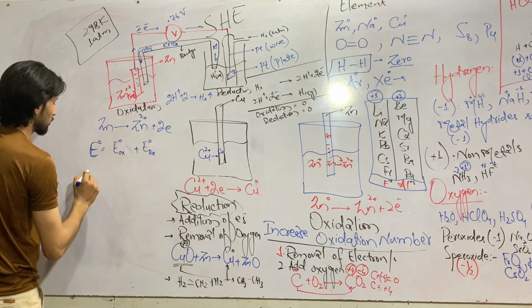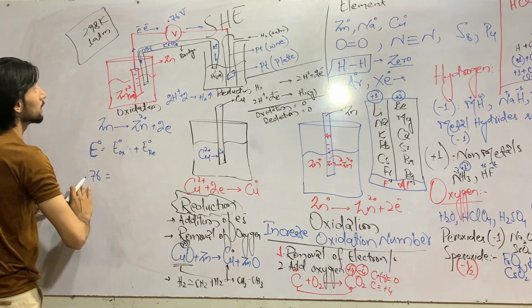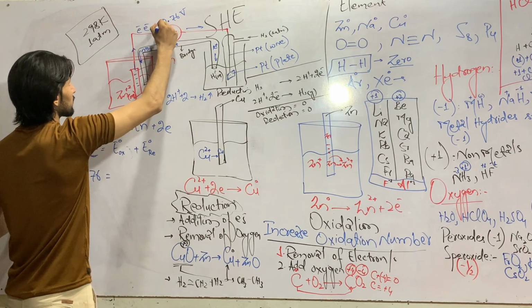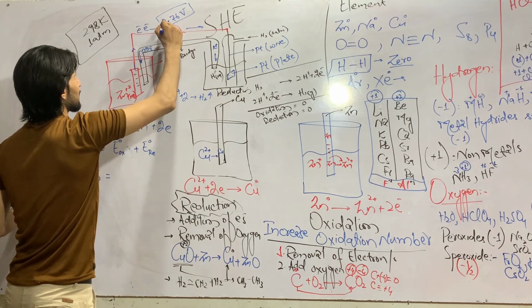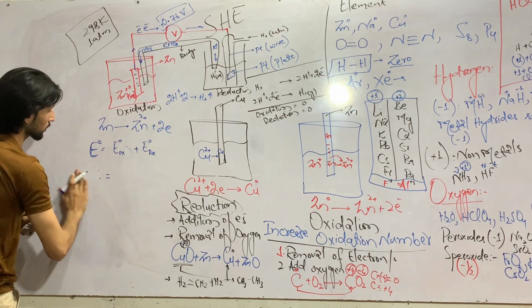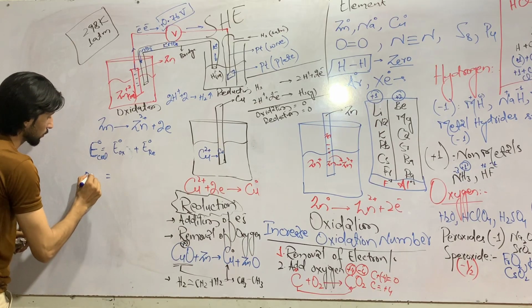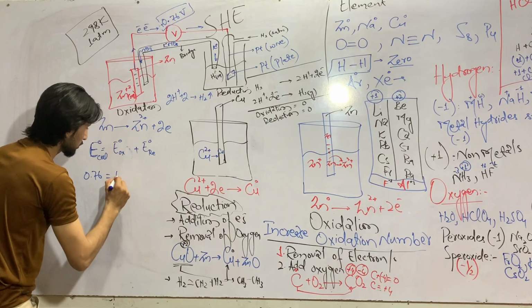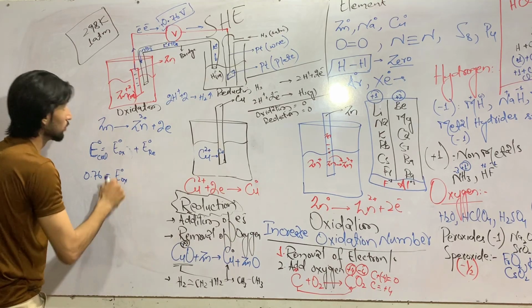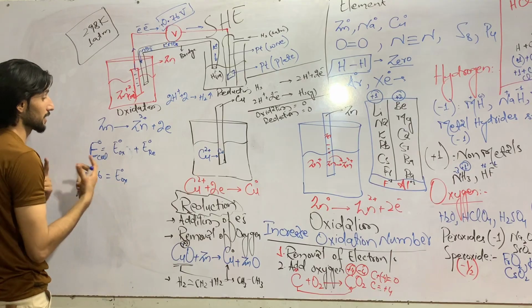So plus 0.76 volt was my potential, the reading of the voltmeter over here. So I put the total cell potential equal to 0.76. So it must be the oxidation potential, which I don't know, because here oxidation is happening at zinc. I don't know what is the oxidation potential of zinc.